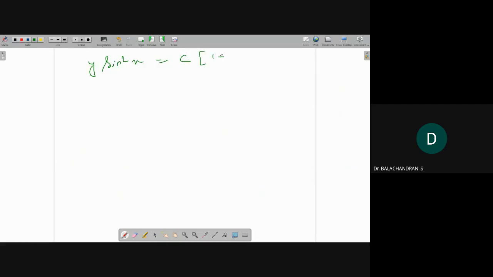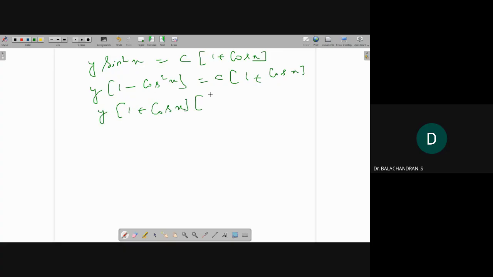Sin square x you can write as 1 minus cos square x, equal to c into 1 plus cos x. So this is a square minus b square: 1 plus cos x into 1 minus cos x equal to c into 1 plus cos x. You can cancel these two. So finally you get y into 1 minus cos x minus c equal to 0.